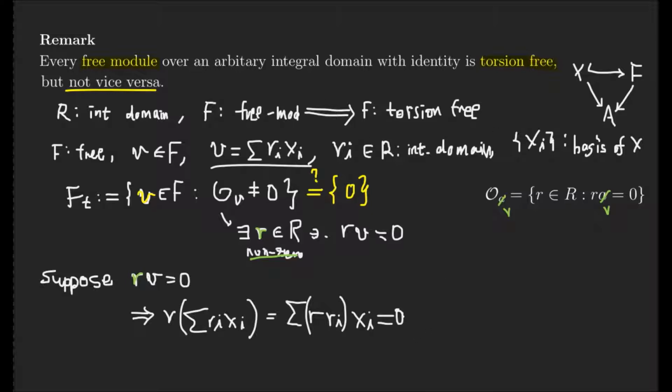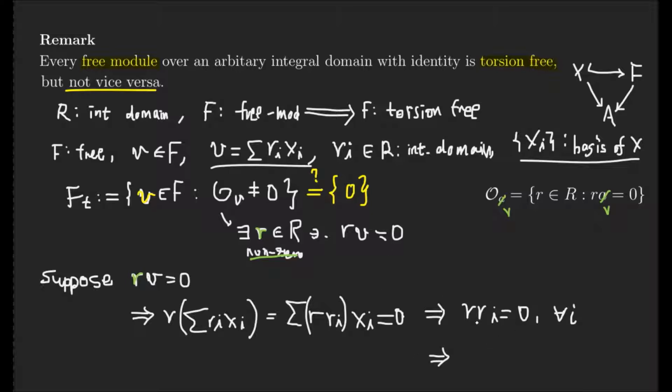Because the xi, the basis of X, is clearly a linearly independent set, for all the elements in I, the product R Ri should be equal to 0.